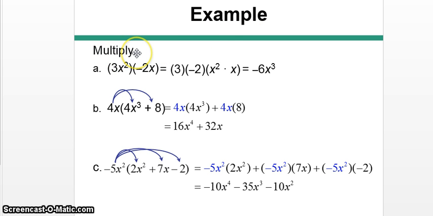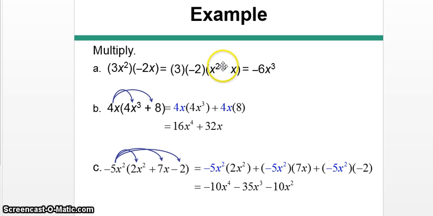Multiply 3x squared times negative 2x. Here 3x squared and negative 2x are monomials. So their product will be 3 times negative 2 times x squared times x. 3 times negative 2 is negative 6, x squared times x is x cubed.